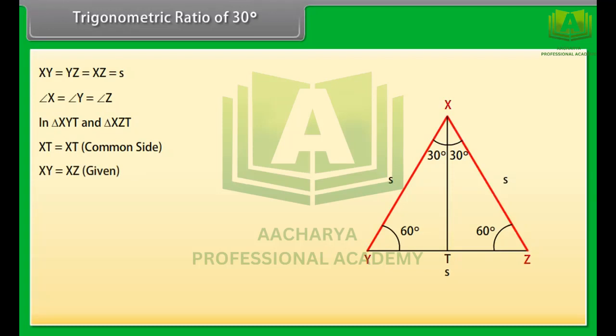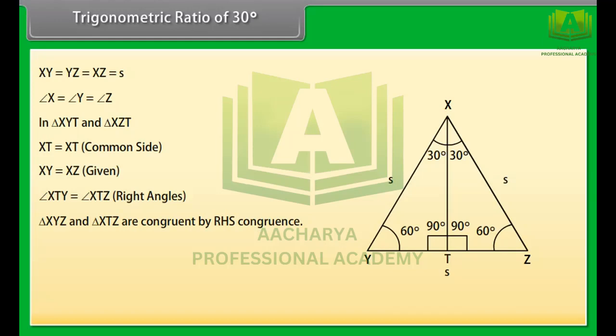XY is equal to XZ, given. Angle XTY is equal to angle XTZ, right angles. Therefore, triangles XYT and XZT are congruent by RHS congruence.